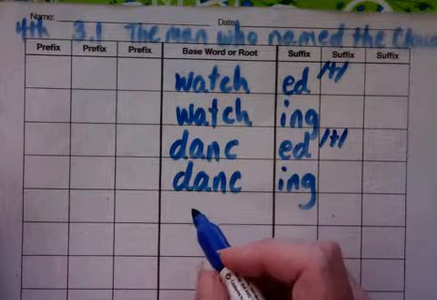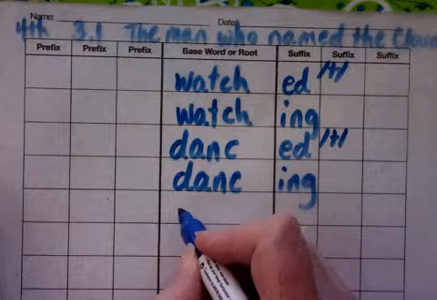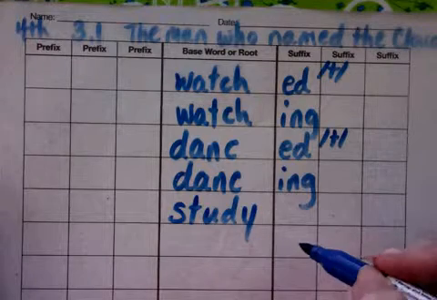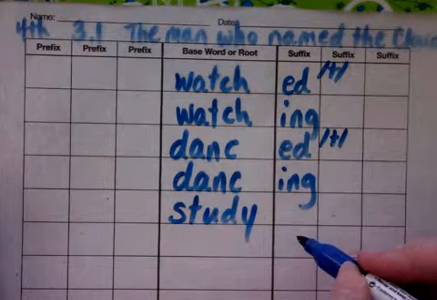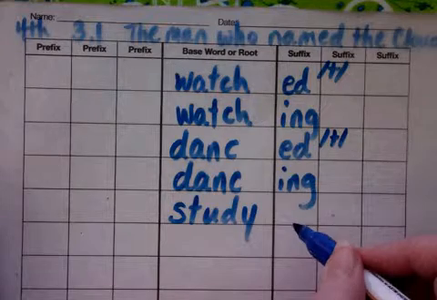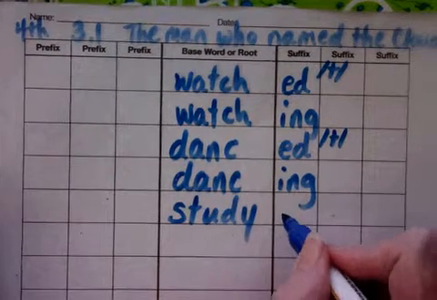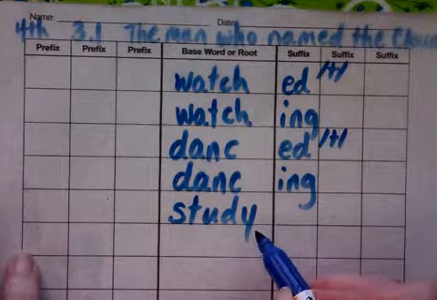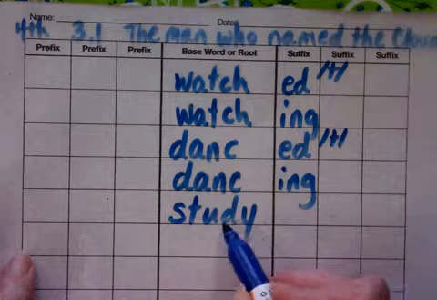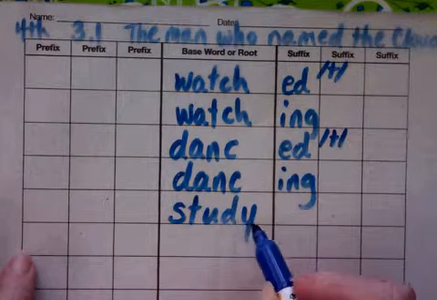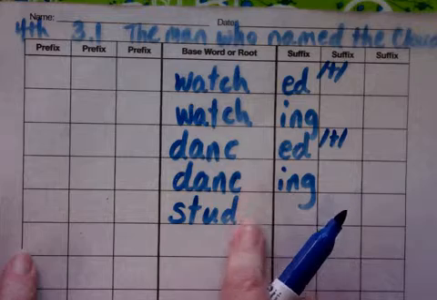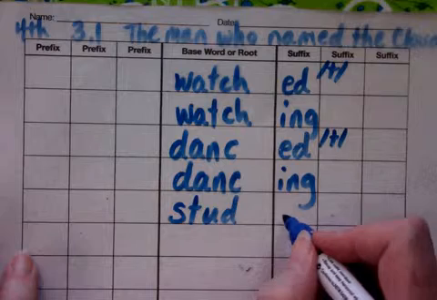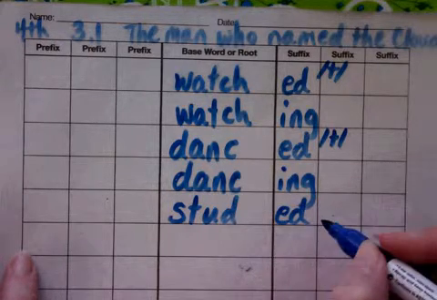The next word is studied. Our base word is study. Okay. Now we're going to be doing the past tense ed. Okay. Here's a new phonics rule dealing with the Y. If there is a consonant before the Y, change the Y to an I, except when the suffix starts with an I. This is studied, the past tense.